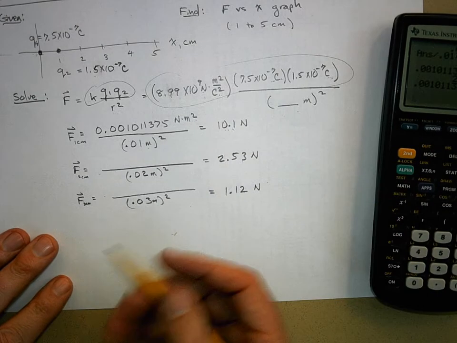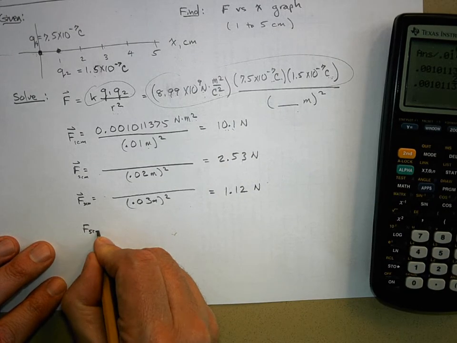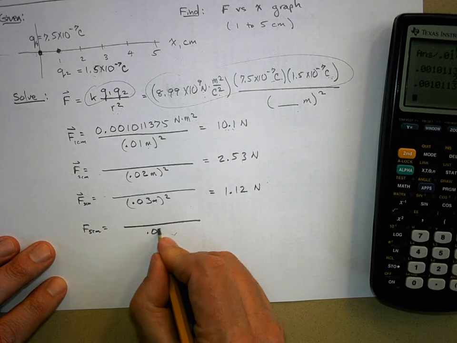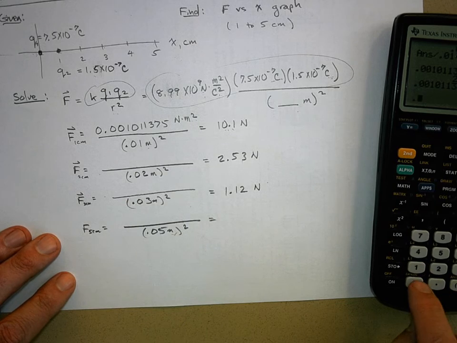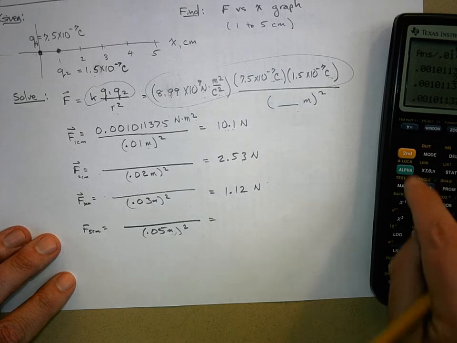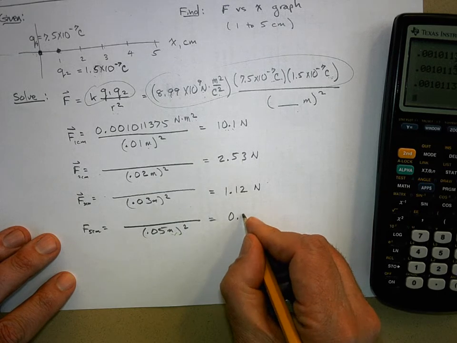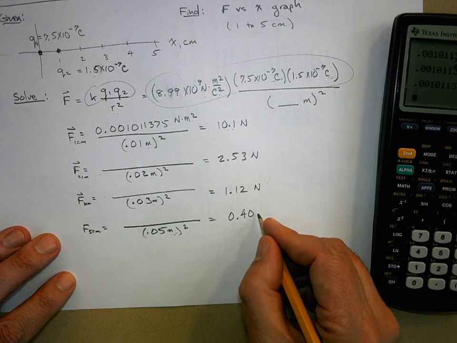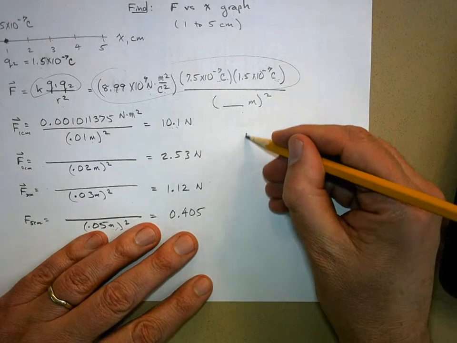I'll tell you what, we'll skip 4 and just do 5. And we get 0.405, or 0.41.